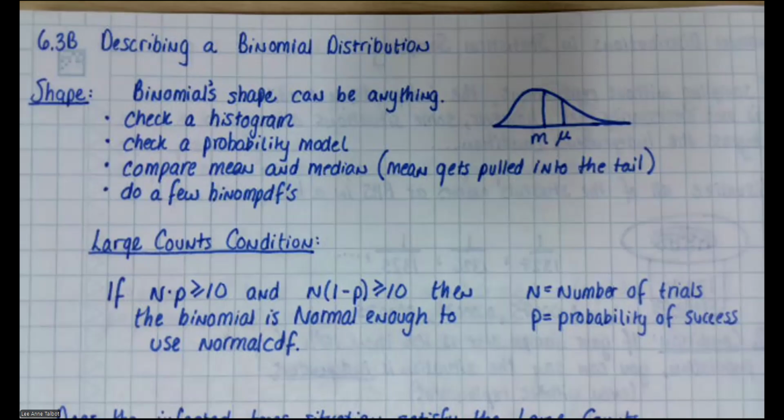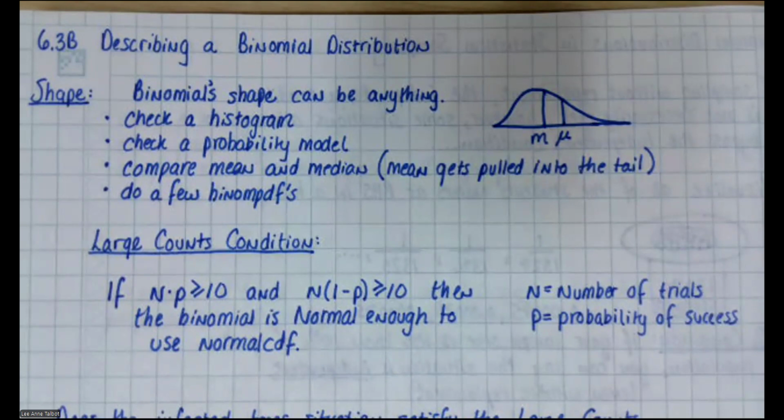The large counts condition applies to sampling distributions also. Do you guys remember the paper I showed you with the graphs? It was like the ones in the middle were normal and the ones at the bottom were normal. And as the proportion got more 50-50, and as the sample size got bigger, they all got to be more normal.